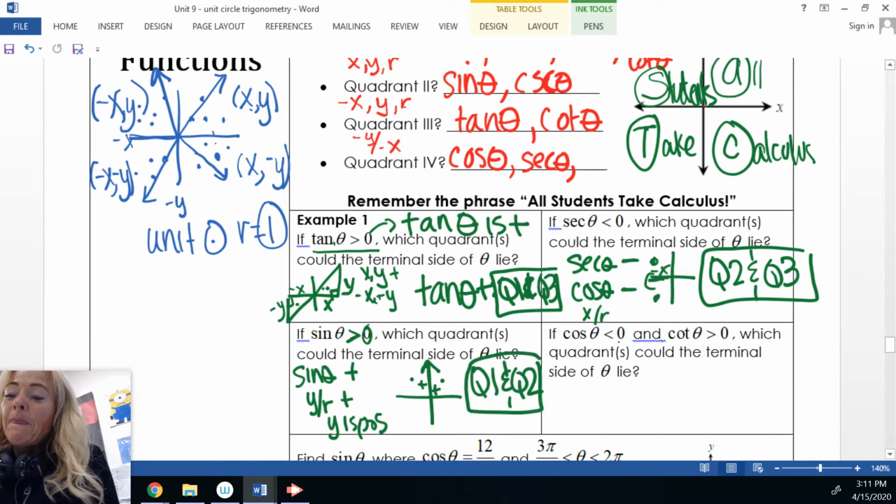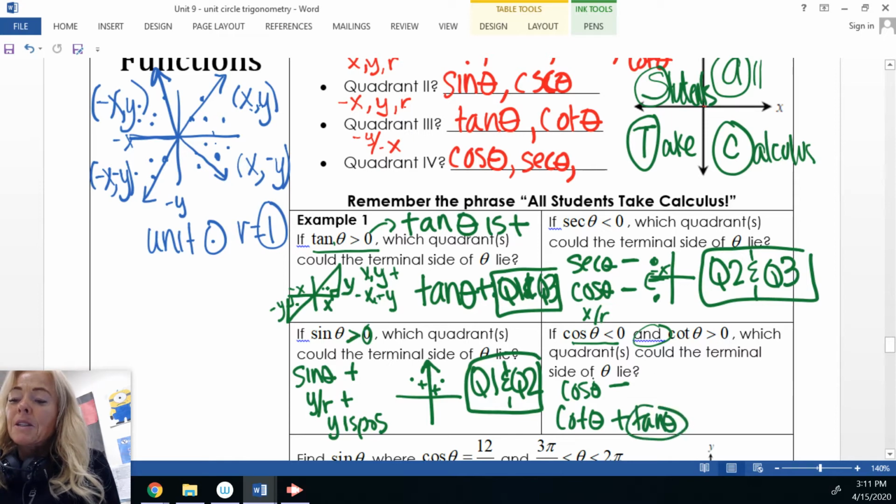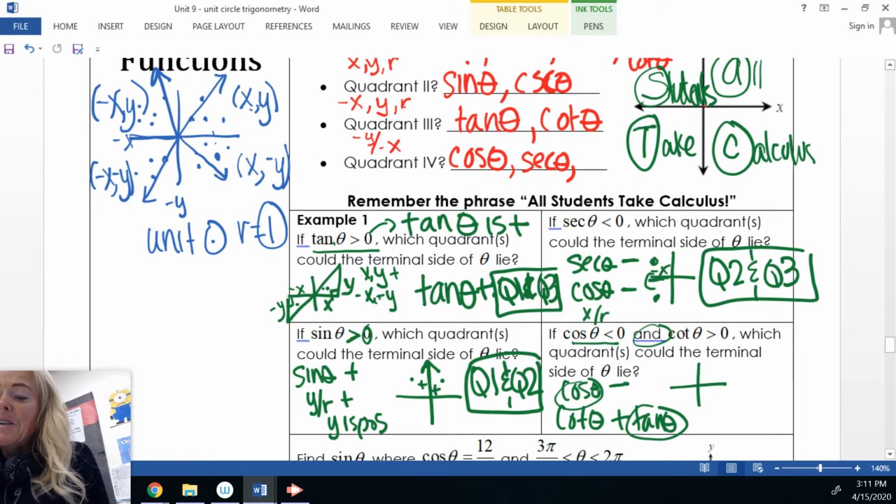All right, and then here we have 2 conditions. The cosine needs to be negative and the cotangent theta needs to be positive, which means tangent needs to be positive. I like to draw a little coordinate axis and think cosine is negative where my x is negative. So that means here and here would give me a negative x.